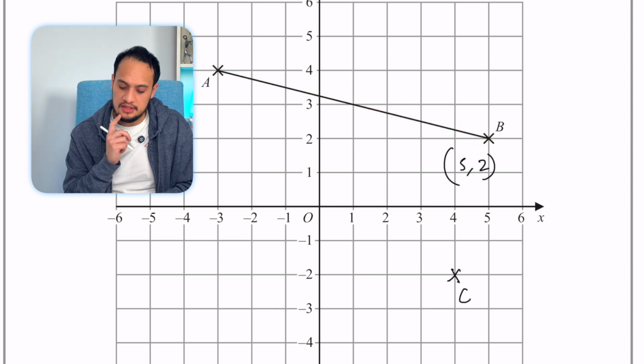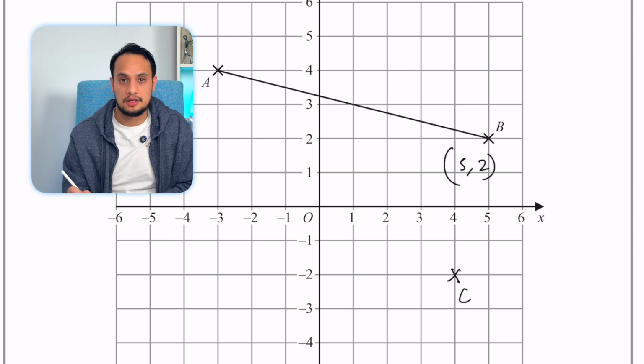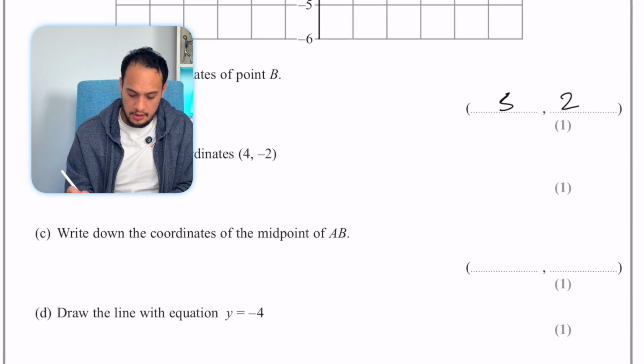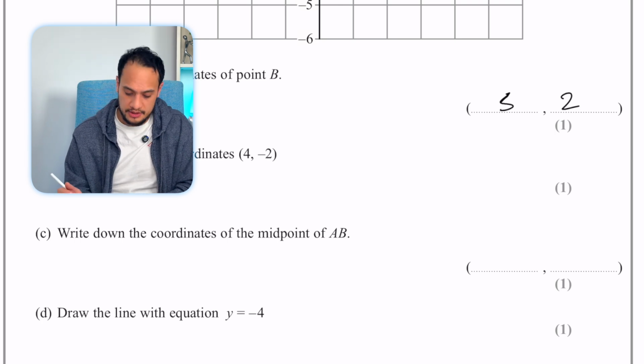The way that we can do this really elegantly is we can add the x coordinates of one letter, I'll show you, and then divide them by 2, and then add the y coordinates and divide them by 2.